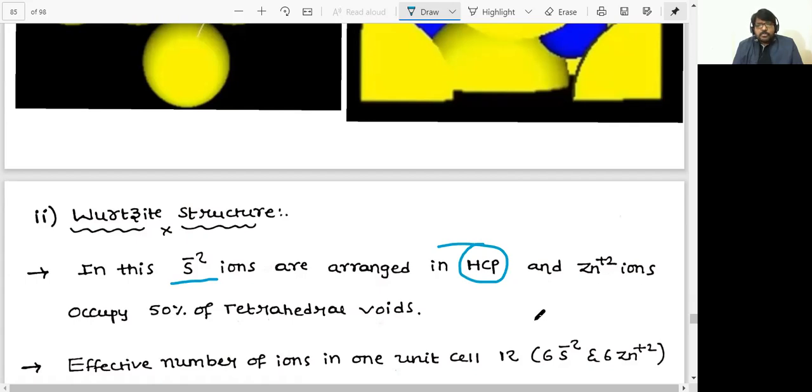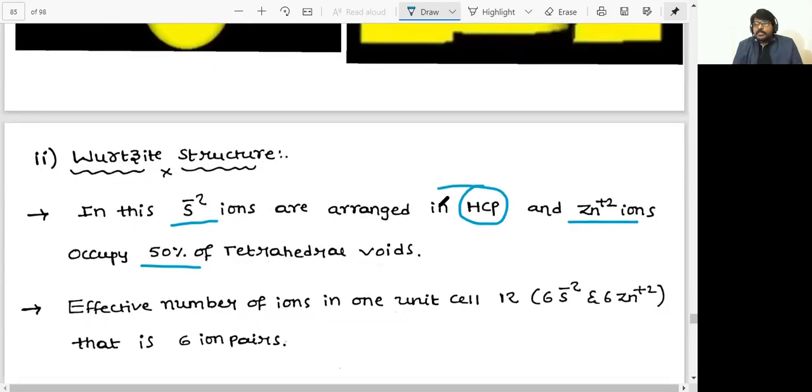And Zn+2 ions occupy 50% of tetrahedral voids. In HCP, effectively how many particles are present? Here the effective number of ions in one unit cell is 12.